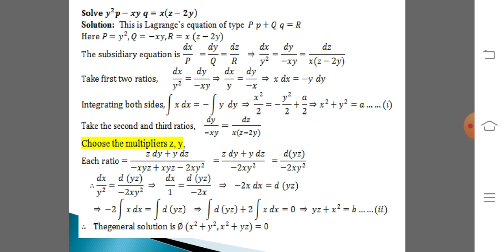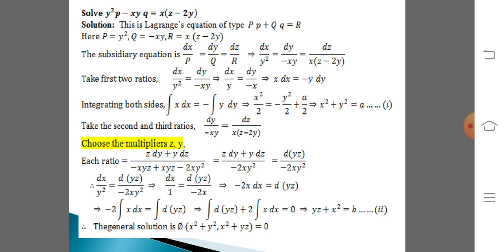We have each term in the auxiliary equation is equal to z dy plus y dz by minus xyz plus xyz minus 2xy square. So here minus xyz plus xyz get cancelled. So we are left with minus 2xy square.